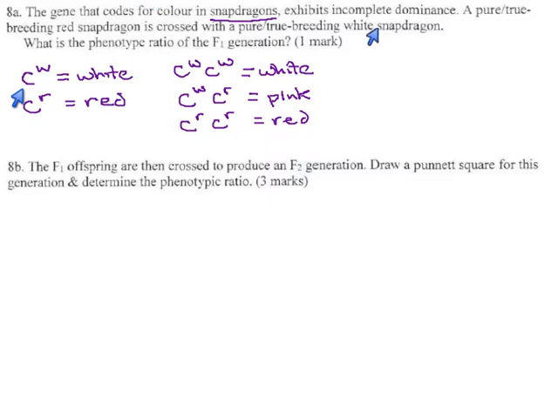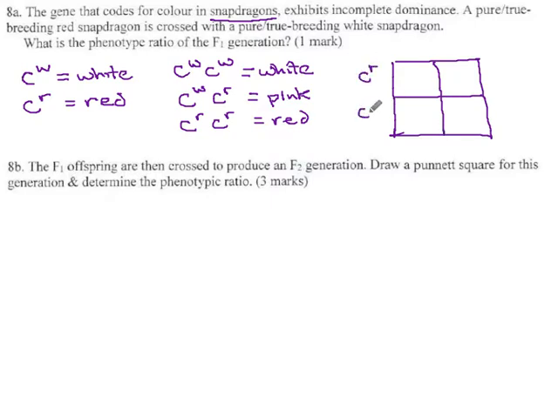So they say a pure red snapdragon, well, no kidding, that's the only kind there is, crossed with a pure white snapdragon. So we have CRCR crossed with CWCW. Here's the wrong way to do the Punnett Square. CR, CR, CW, CW.